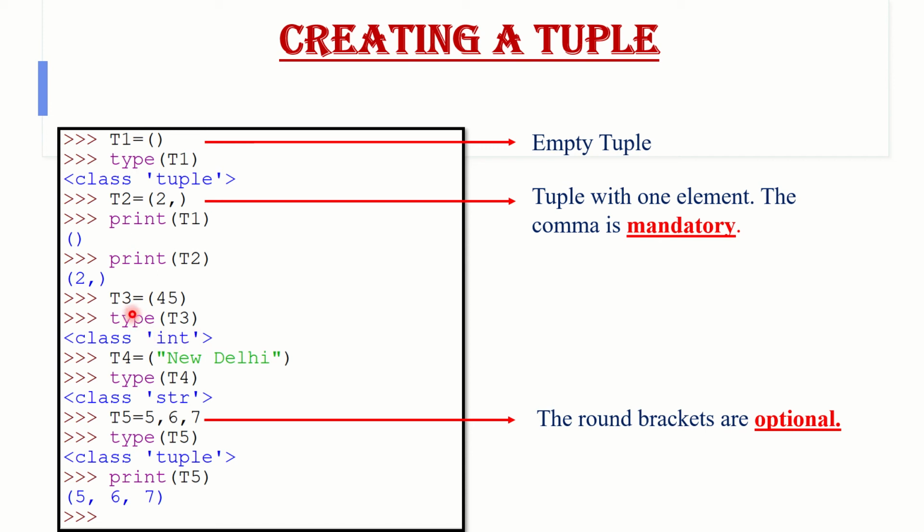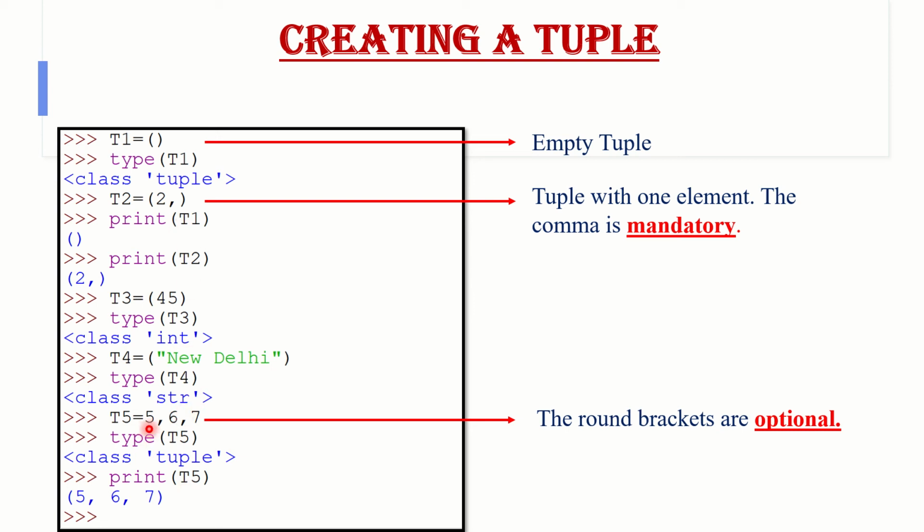As you can see here, I have taken T3 is equal to 45 within round brackets, and then if I give type of T3, this will give me the class as int. So T3 or 45 is taken as an integer. Similarly, if I give a string without the comma in round brackets, this is taken as string type data. So the comma is mandatory.